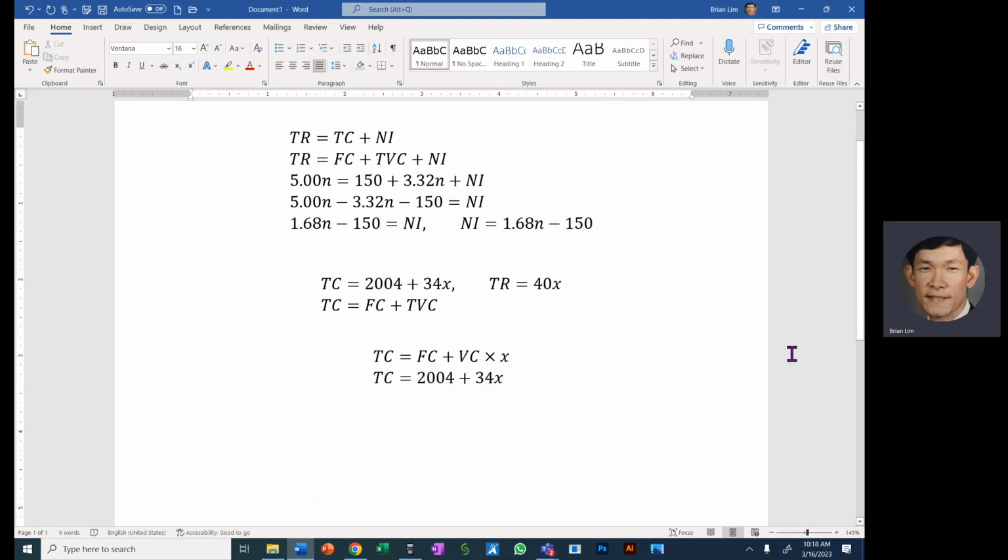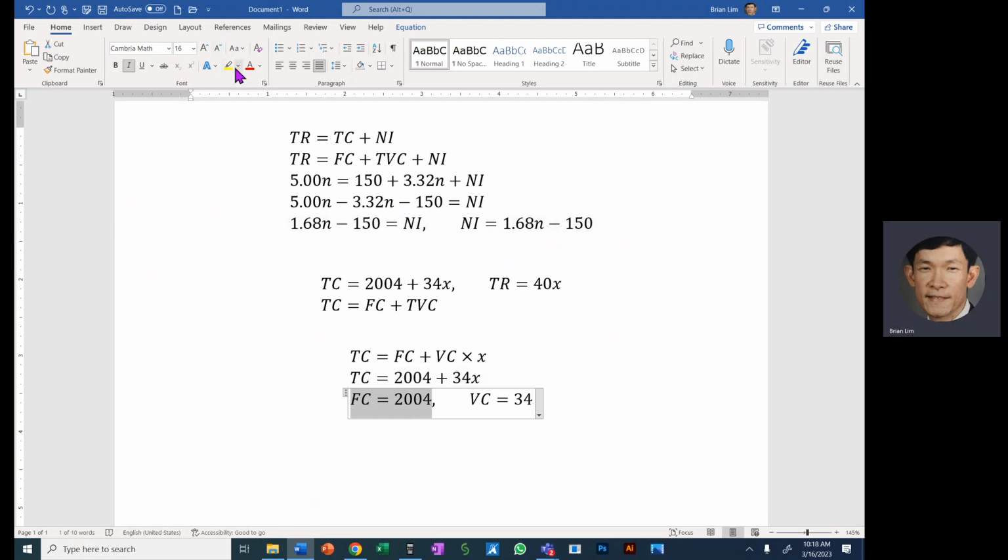So on the next line, we can put this, that the fixed cost is equal to 2004 and the variable cost is equal to 34. All right, so we have the numbers that we need or the information that would be useful for our computation. Okay.